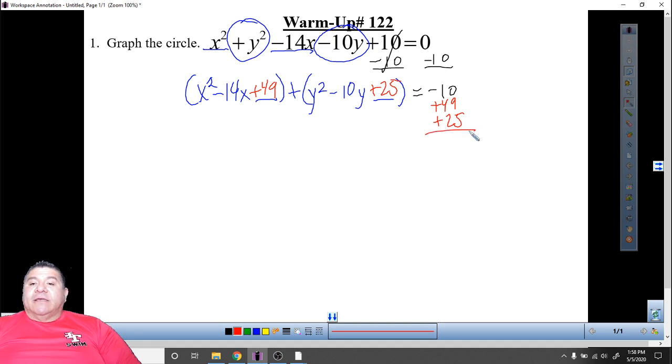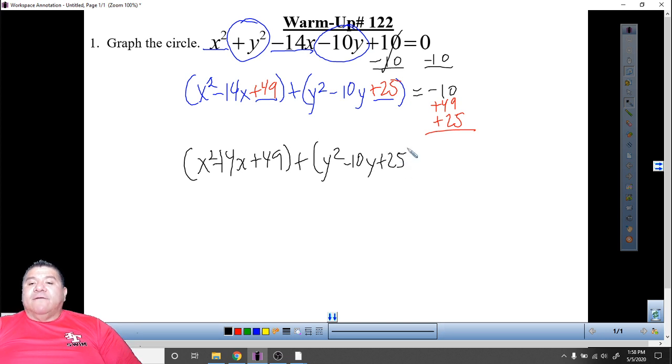So I can rewrite this, and I end up with x squared minus 14x plus 49 plus y squared minus 10y plus 25 equals, let's see, 64. This is 74, but then it says minus 10, so that gives us 64. Okay.